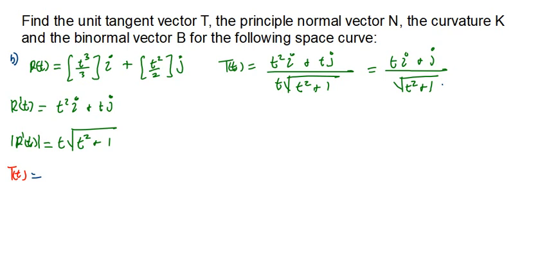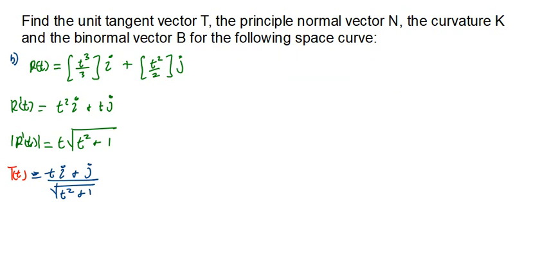Our unit tangent vector we have found is t in the i plus j divided by the square root of t squared plus 1. I know I have to find the magnitude of its derivative in advance, but before that, I have to find the first derivative.